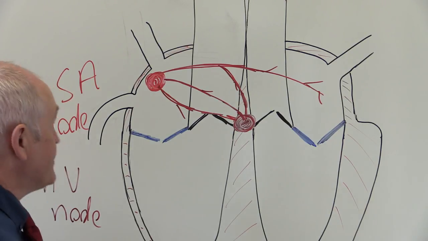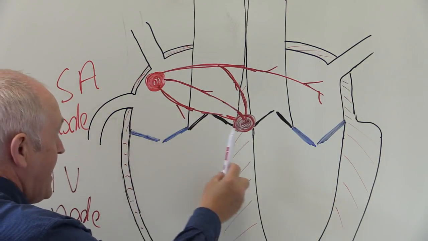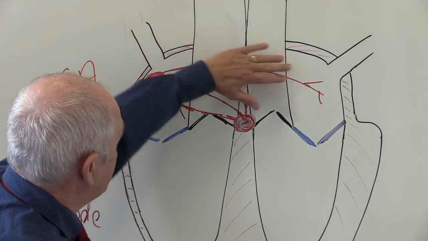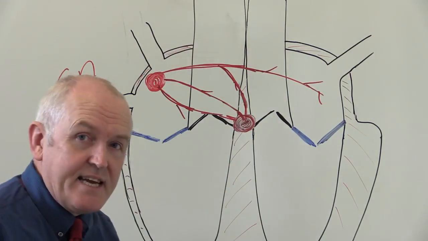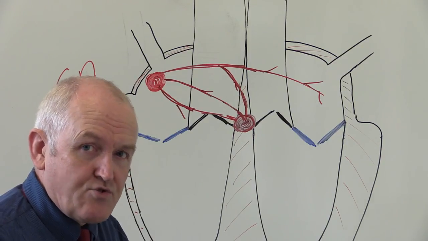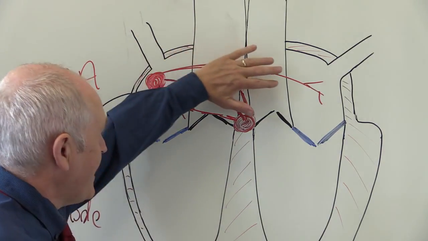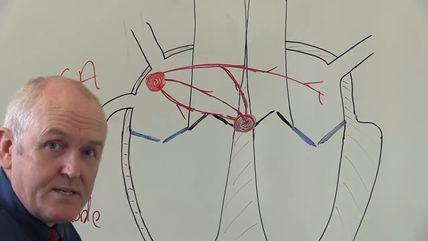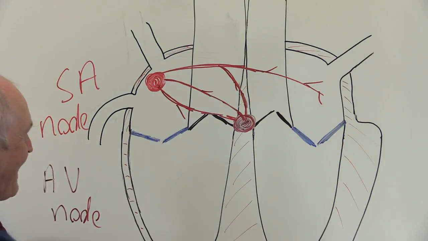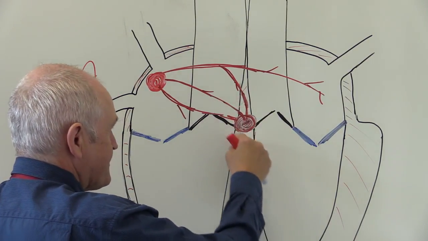And now we notice that there's a sinoatrial node there and an atrioventricular node there. So these pathways here can be referred to as the internodal tracks. The conducting tracks or the conducting pathways between the two nodes. And this collects the impulse.